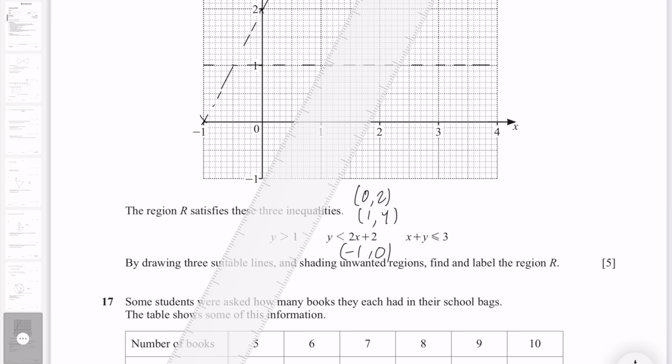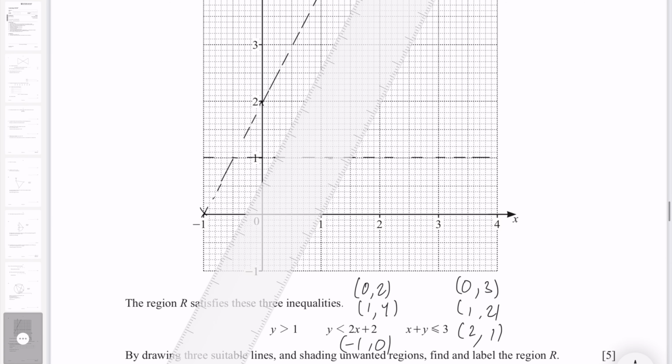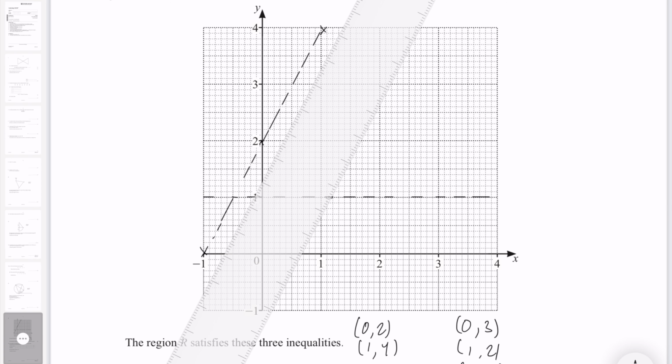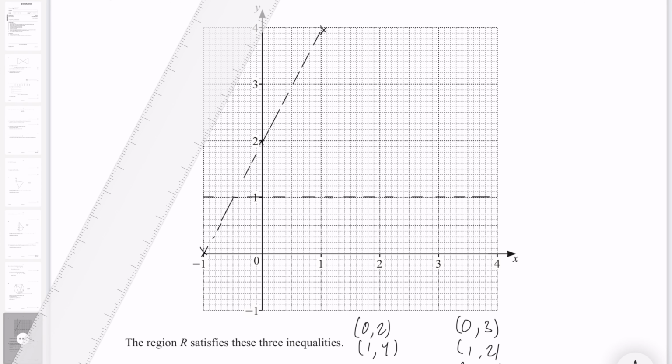X plus y is less than 3. X is 0, y is 3, x is 1, y is 2, x is 2, y is 1. Okay, so that's decreasing. 0, 3, there it is. 1, 2, 2, 1.